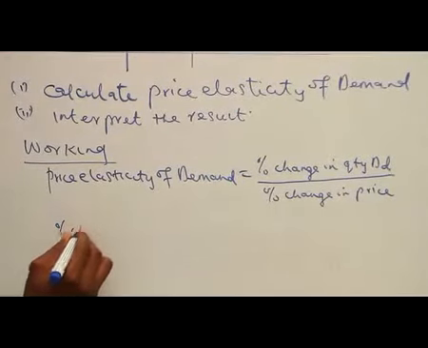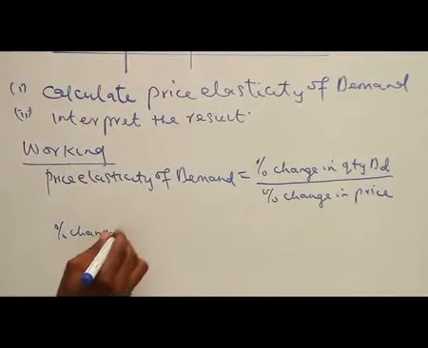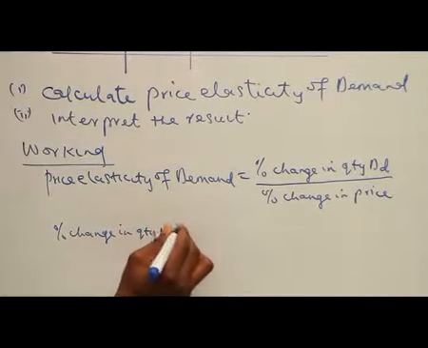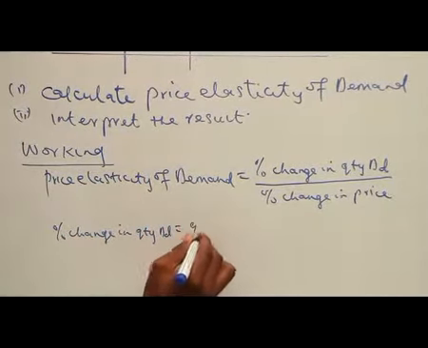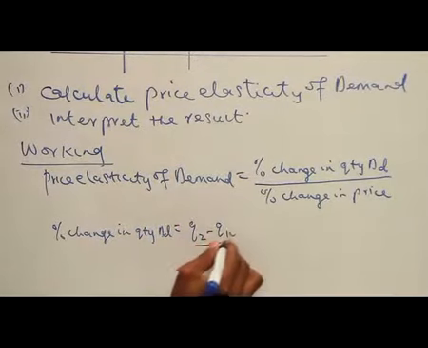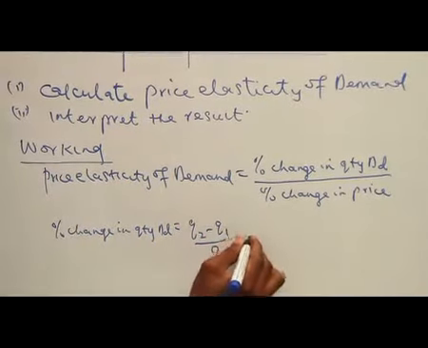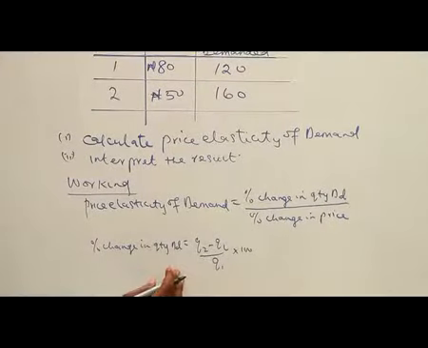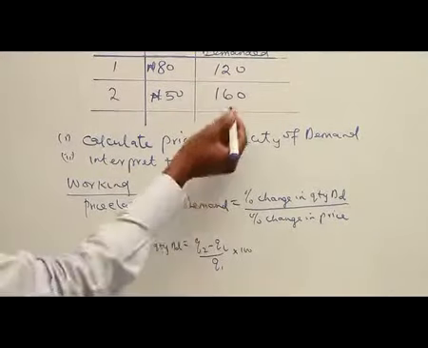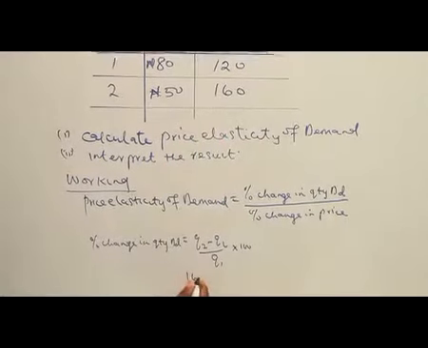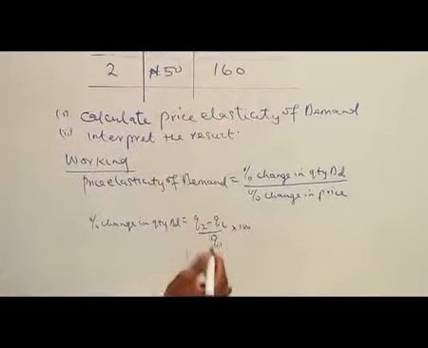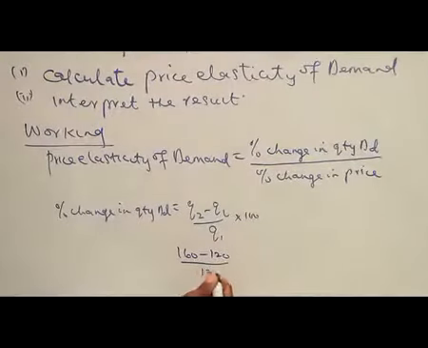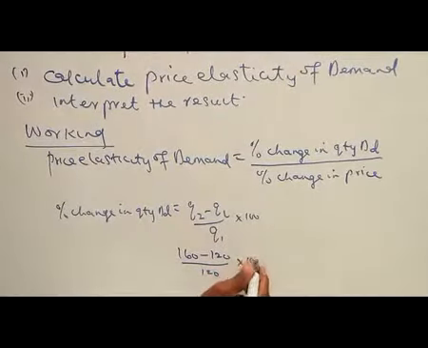Percentage change in quantity demanded equals Q2 minus Q1 divided by Q1 times 100. From our question, Q2 is 160, while Q1 is 120, divided by 120 times 100.